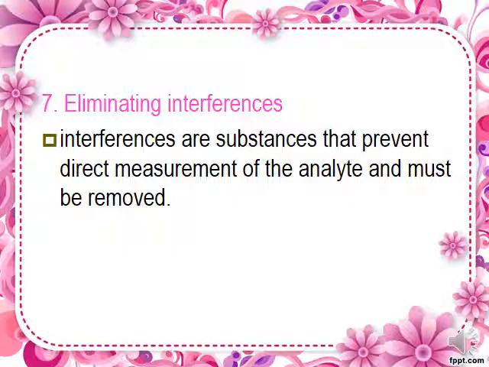Okay, the seventh step is eliminating interference. Okay, so this step is to prevent error that due to the presence of interference. For example, awak collect a river water sample just now.